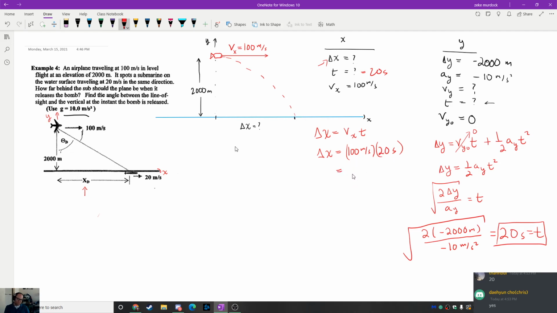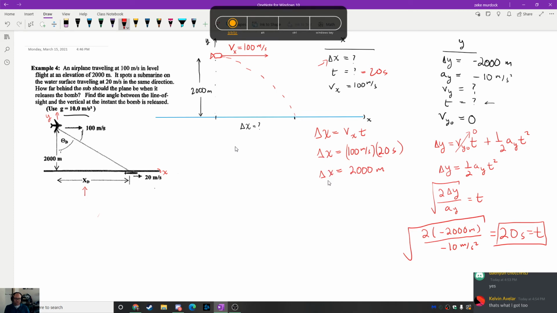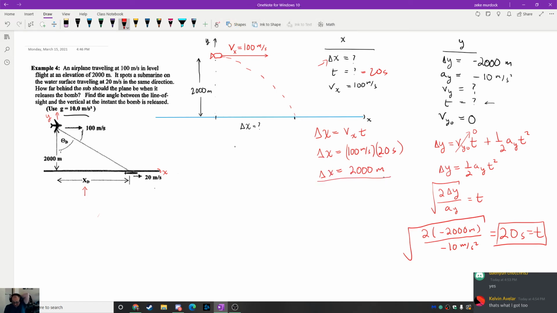Wait, really? That's the answer? Okay. I mean, it's not the answer to the problem, but it's 2,000 meters, delta x. Okay, all right, so that's how far this object is going to fly.